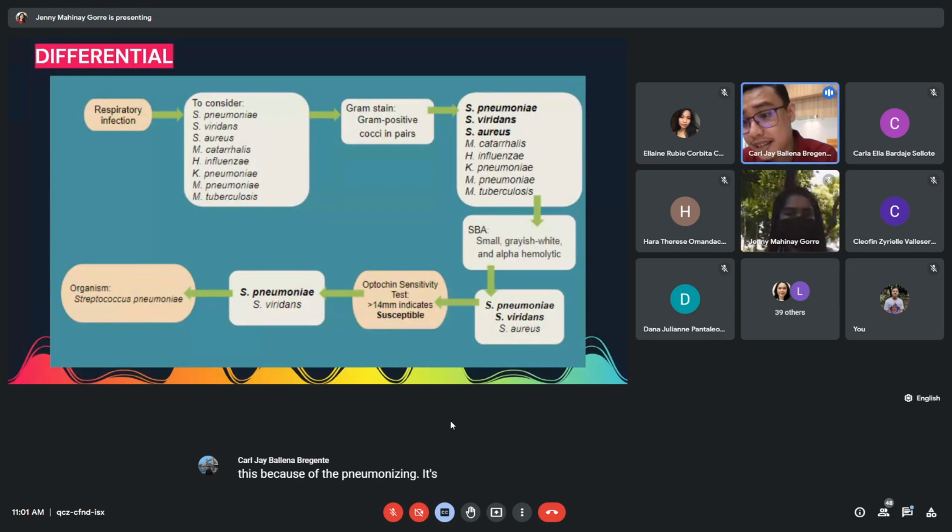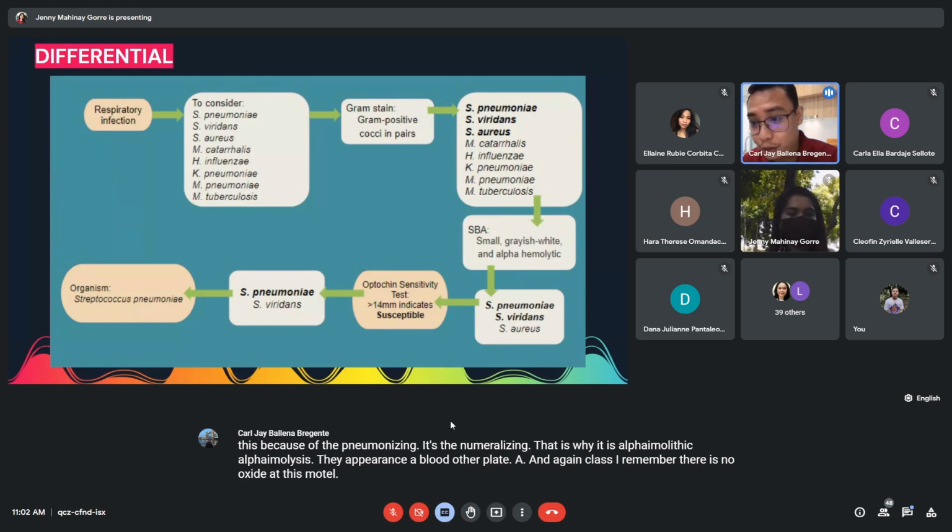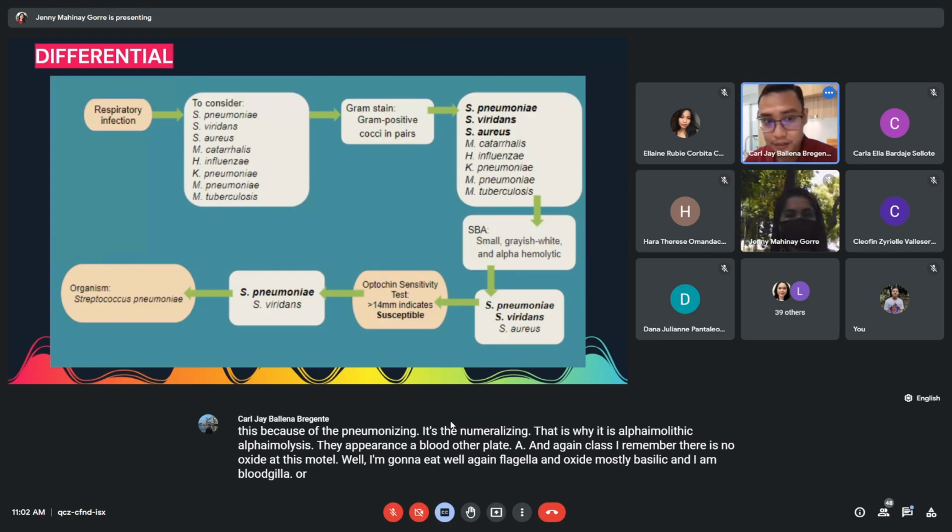It's the pneumolysin that is why it shows alpha hemolysis, the appearance on the blood agar plate. Okay? And again, class, remember, there is no coccus that has trichous flagella. Cocci really do not have flagella. Mostly it is the bacilli that have flagella, or the spirals. Okay.